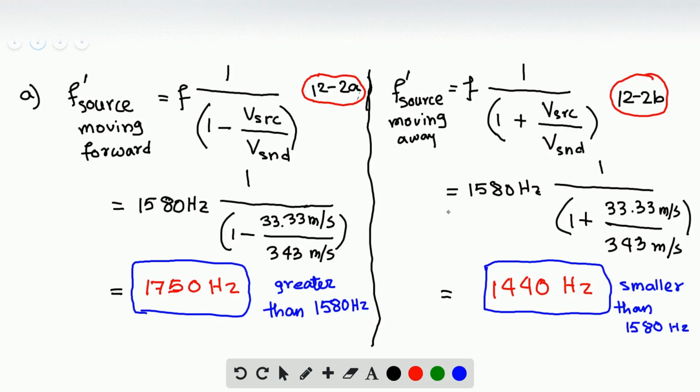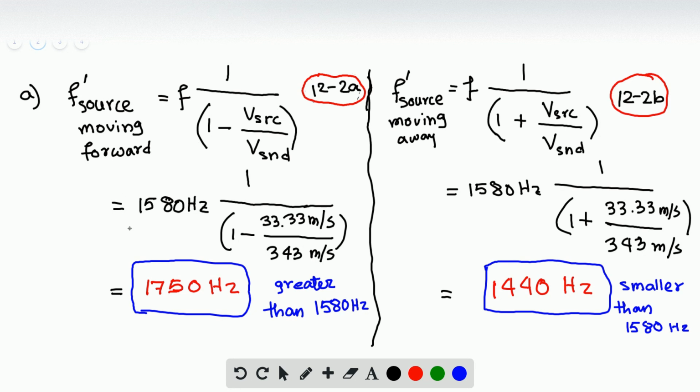If we look at equations 12.2 and 12.2b, these two equations explain what happens if the observer is stationary and the source is moving towards you or away from you. If it's moving forward, you have this equation, and if it's moving away, we have this equation. One important note about the sign: if the source is moving towards the observer, your frequency will be increasing.